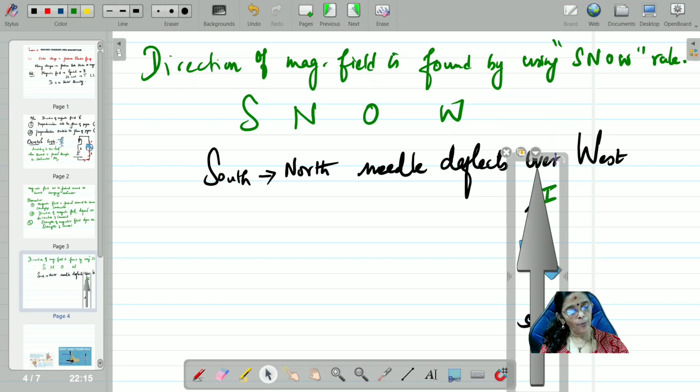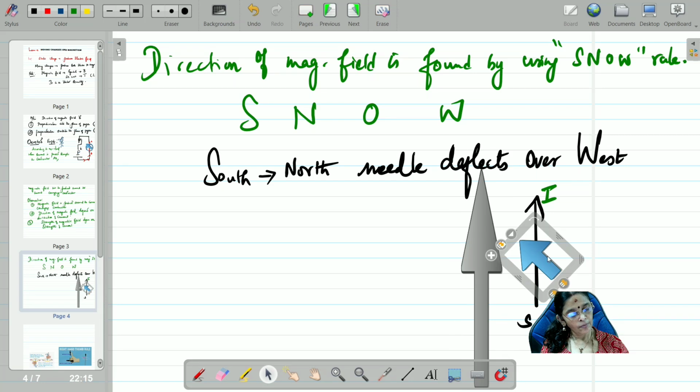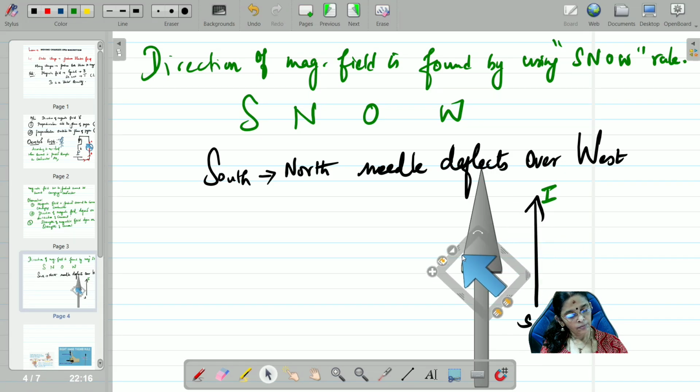So current is flowing upwards, whereas the magnetic compass needle is found to be deflecting towards left.